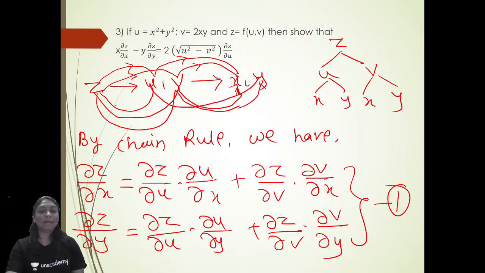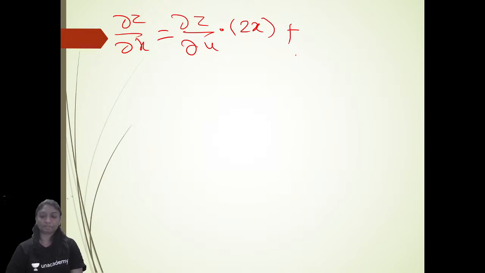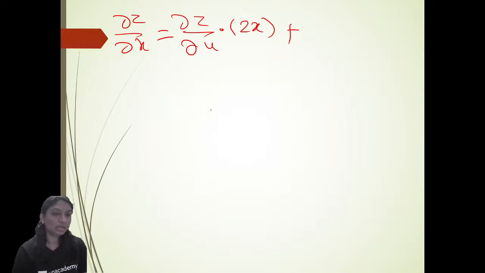So ∂z/∂u into ∂u/∂x. ∂u/∂x क्या आएगा, x square plus y square का डेरिवेटिव with respect to x, 2x, plus ∂z/∂v into ∂v/∂x, so 2y, right? So ∂z/∂v into 2y, very simple.